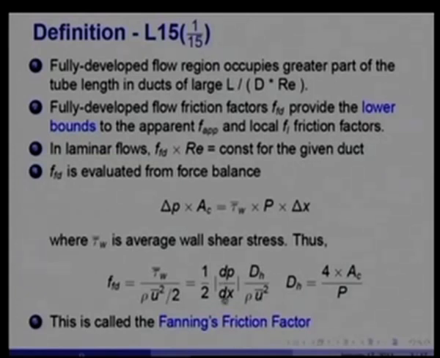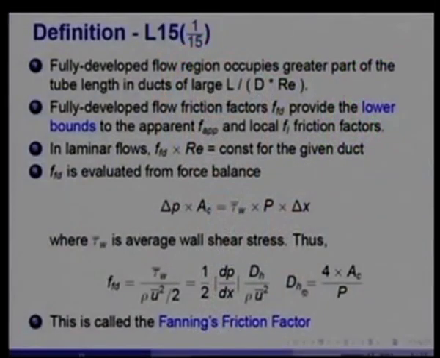I have put a modulus to remind that dp/dx is negative in any ducted flow. The hydraulic diameter D_h is 4 times area of cross section divided by perimeter of the duct. In this definition, friction factor is called the Fanning's friction factor, named after Fanning.